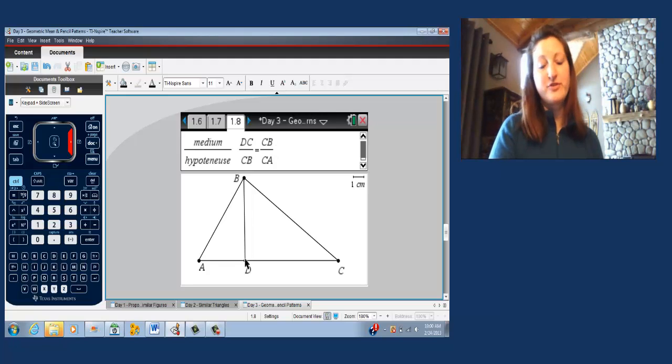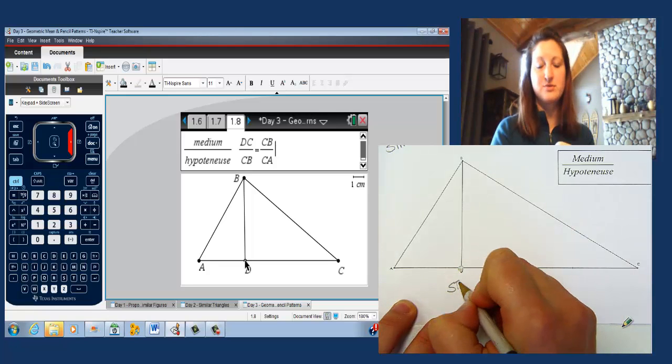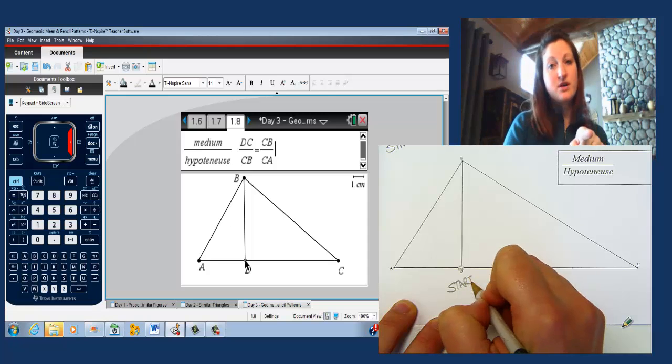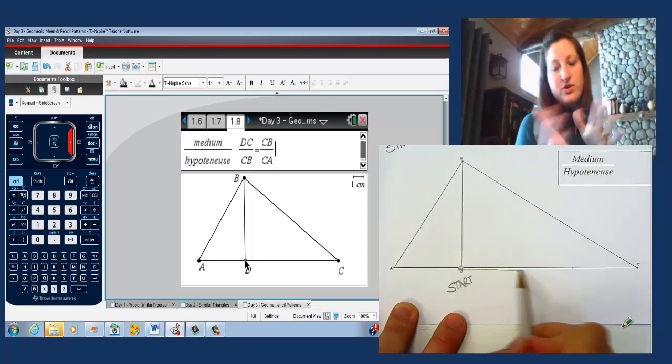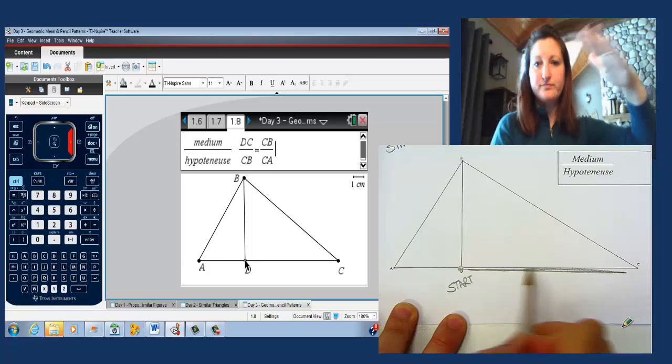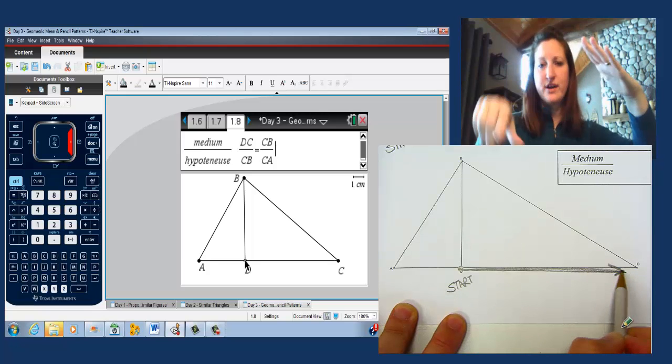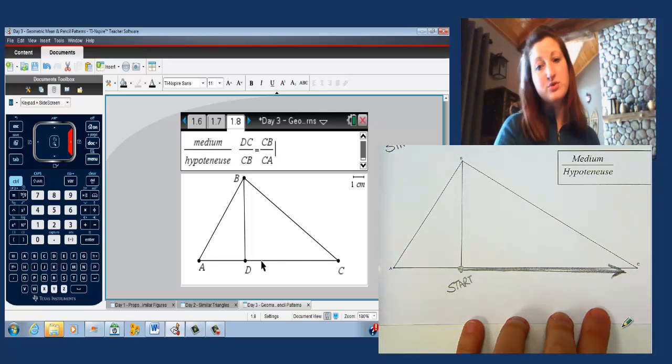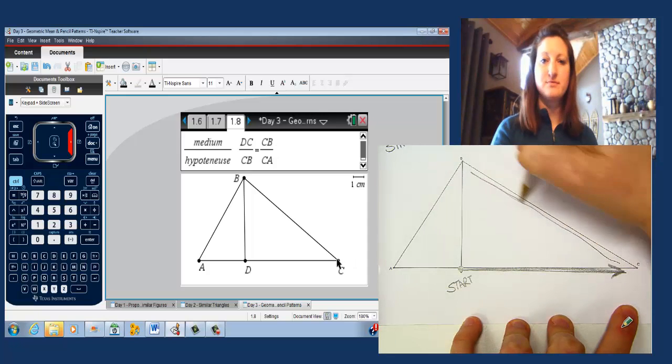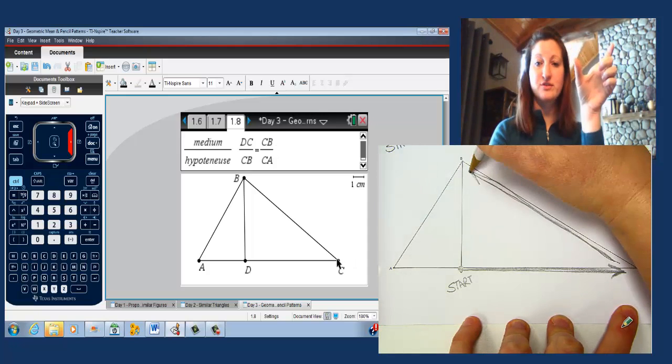Now, pencil pattern, for this one, you start at the bottom of the altitude, and you move towards the side where the medium side of your right triangle is. So if I start at D and I go towards the end of the hypotenuse, that's the top of my first fraction.